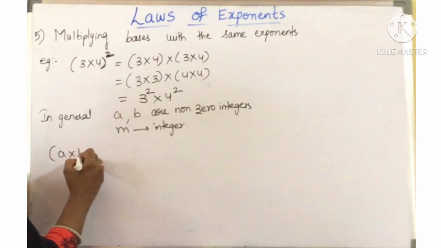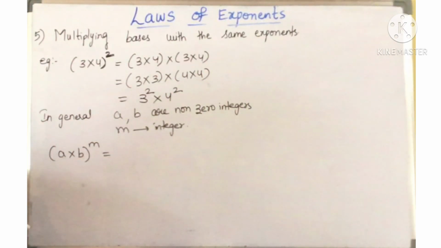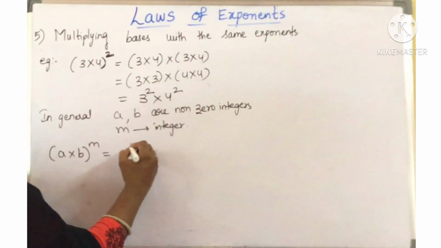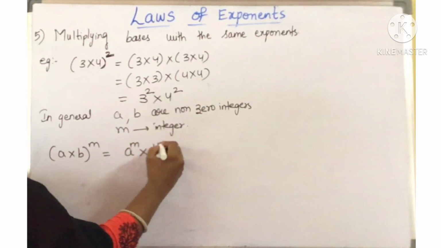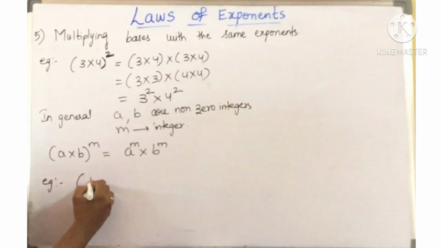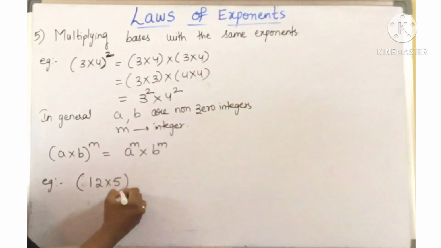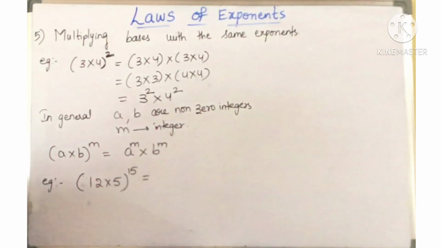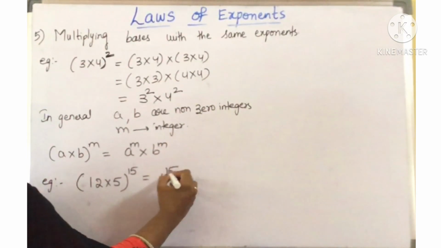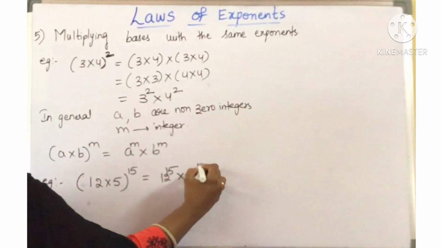A into B whole to the power of M. Bases are different, power is the same. So how do you write this? A to the power of M into B to the power of M. Okay. One more example, if I take 12 into 5 whole to the power of 15, it can be written as 12 to the power of 15 into 5 to the power of 15.